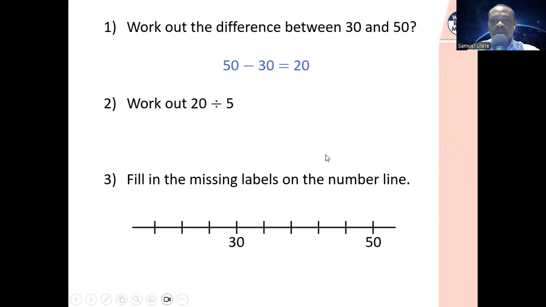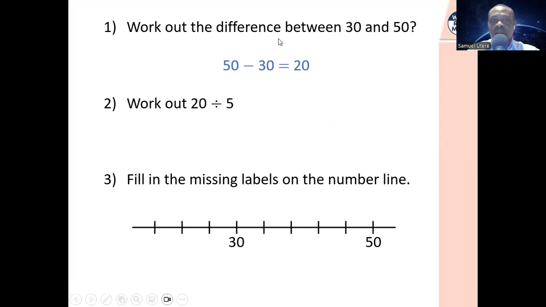Assuming you've paused the video and you've worked through the questions, here are the answers. The first question, you were asked to work out the difference between 30 and 50. Remember, there was a lesson where I talked about the meaning of this word. Difference in mathematics means to subtract.